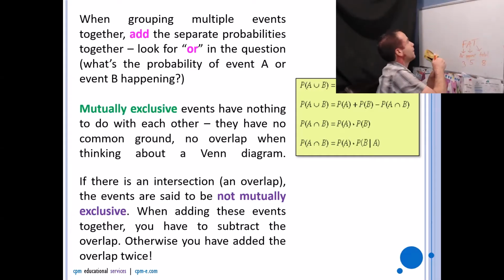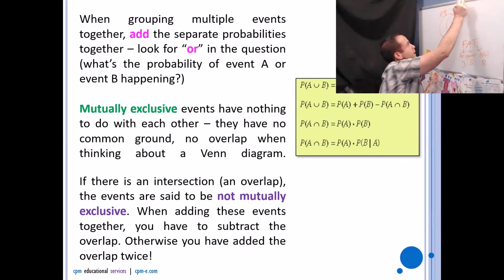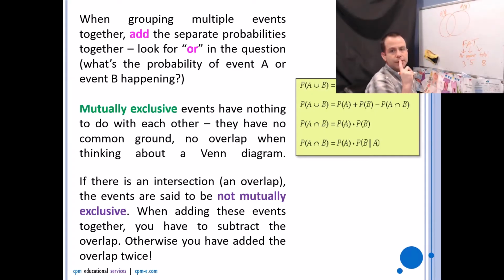Okay, so what happens is if I had the probability of A and the probability of B, okay? And let's just say I had, I don't know, 10, 20, 30. Well, the probability of A is 30, right?